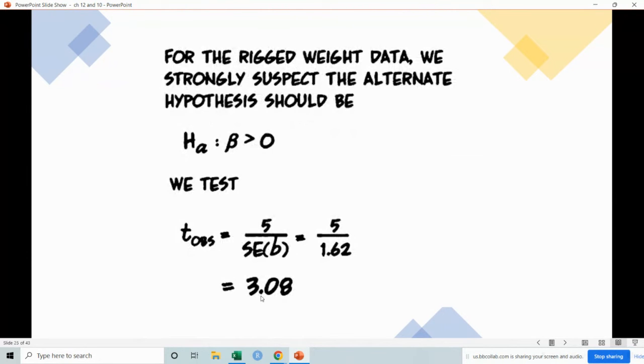In this example, the taller somebody is, the more they probably weigh, so that would be an instance where you could use a directional hypothesis. But like I said, a lot of times in business, which usually falls under social science, you're going to end up with more two-tailed tests, which would be beta does not equal 0.